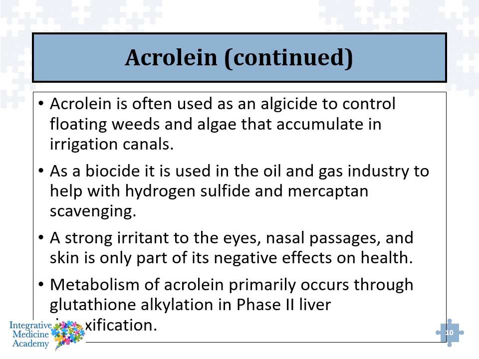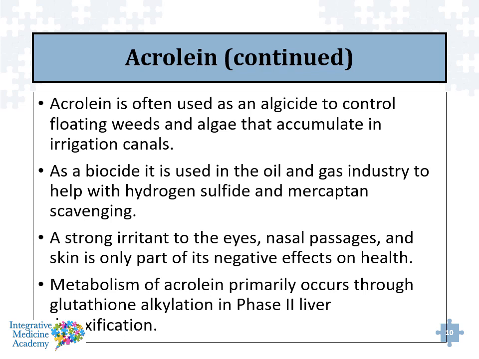Acrolein is also used as an algicide. It's added to irrigation canals, for example, to help kill off algae or floating weeds. As a biocide, it's often used in the oil and gas industry, where it scavenges certain chemicals like hydrogen sulfide.